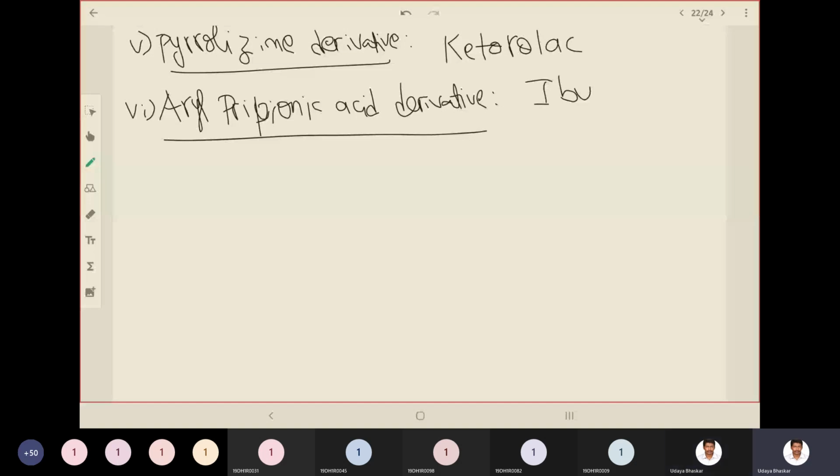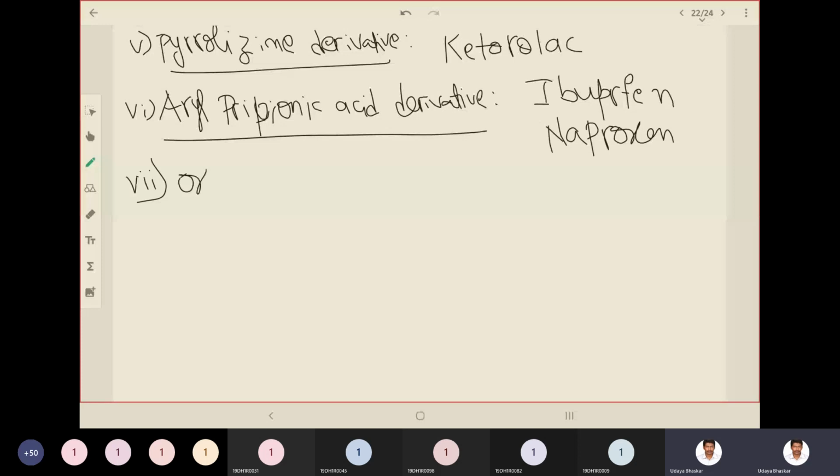Ibuprofen and naproxen are aryl propionic acid derivatives. Then the seventh category is oxicams.